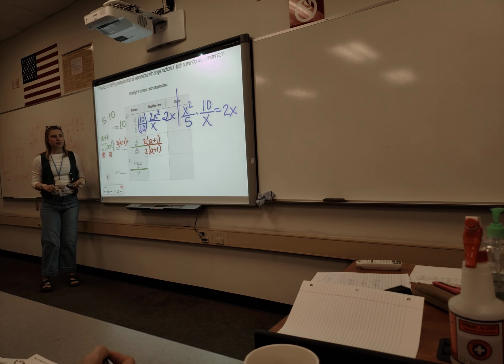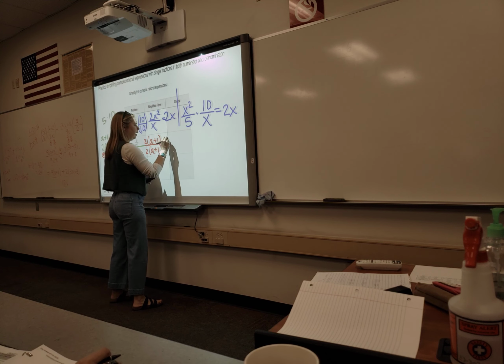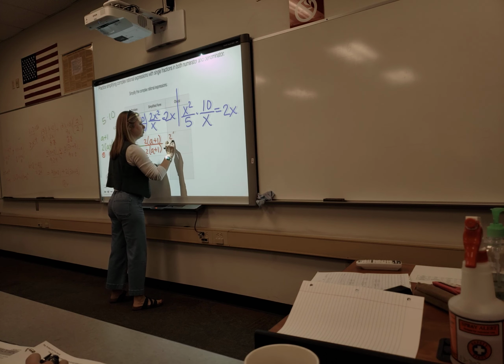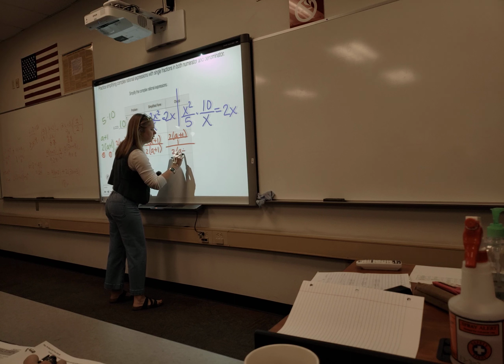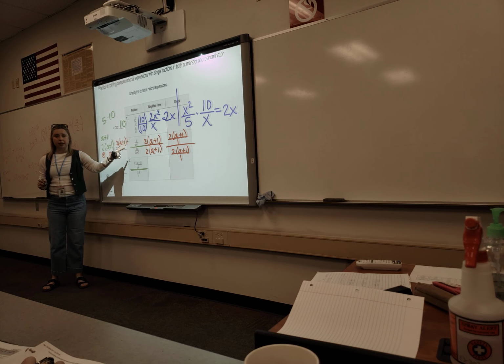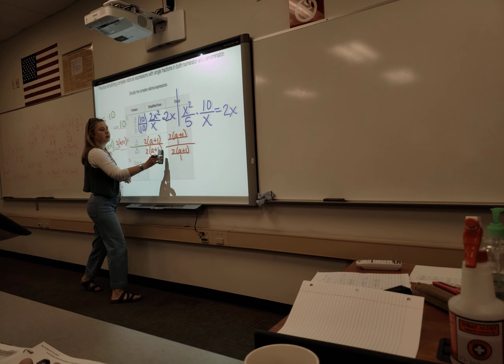Okay. In this case, this can be written as 2a plus 1 over 1, 2a plus 1 over 1, if that helps you understand how to multiply these across.